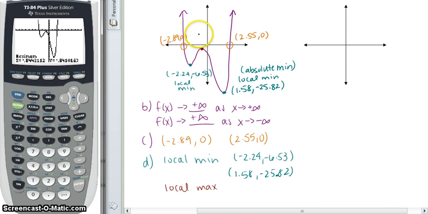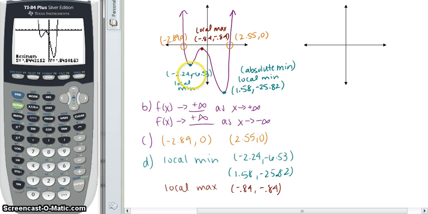This gives us the point of negative 0.84, comma, negative 0.84. So that's our local max. We'll write this up here, local max.